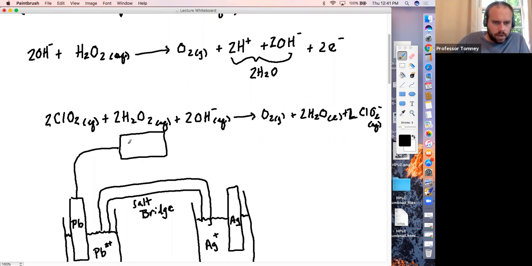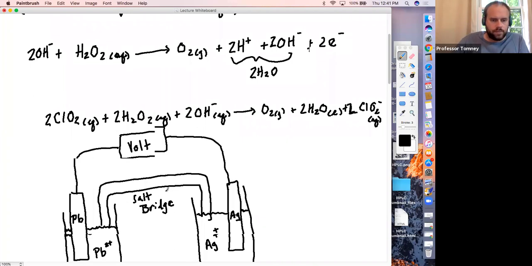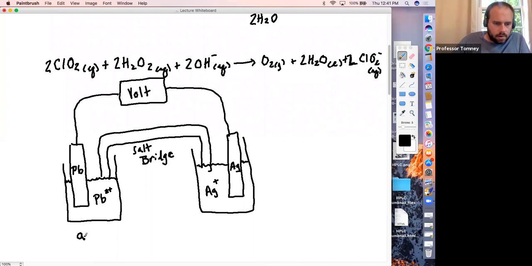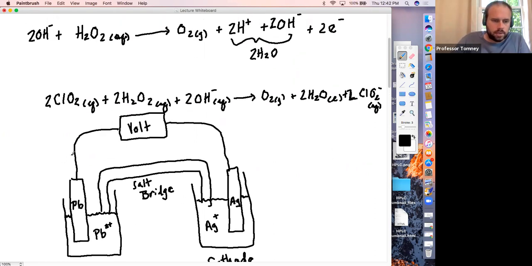You can just write V or volt up here, right? This will be our voltage meter that we connect to the electrodes. And I'll go ahead and label down here, we mentioned a moment ago, this is our anode, and this is our cathode. And then the general electron flow in this situation is going to be going this way. All right, so the electrons are coming from the anode, flowing towards the cathode.